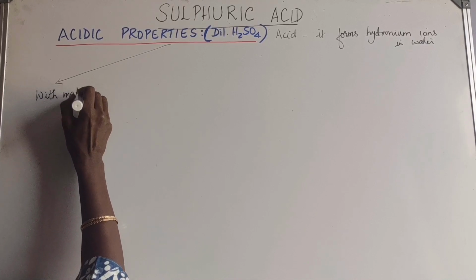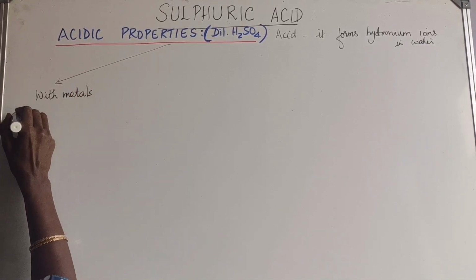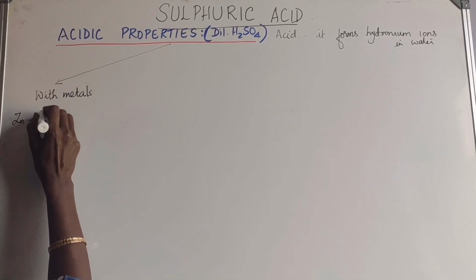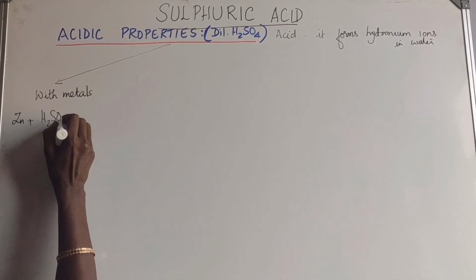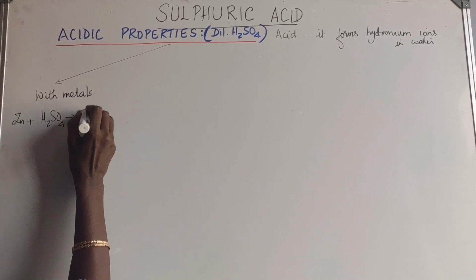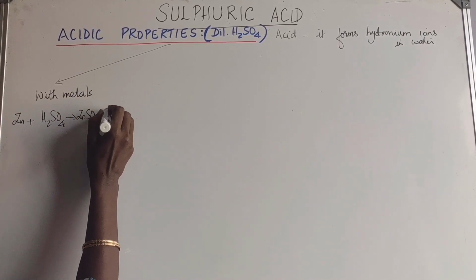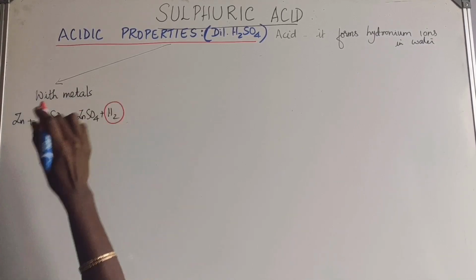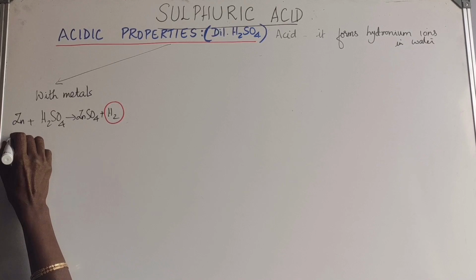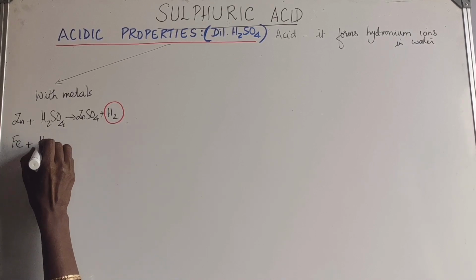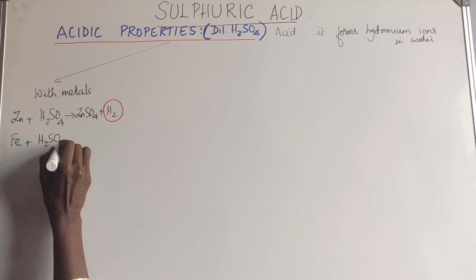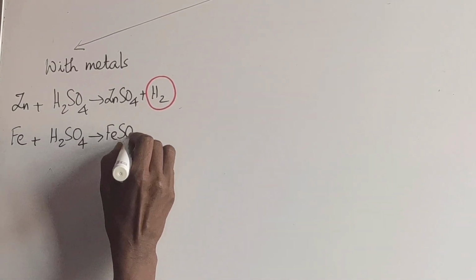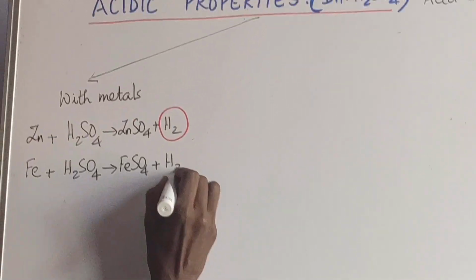It will liberate hydrogen. So if we take a metal like zinc, it reacts with dilute sulfuric acid to give zinc sulfate plus hydrogen. So hydrogen is liberated. Similarly, if iron reacts with dilute sulfuric acid, this again gives iron sulfate plus hydrogen.